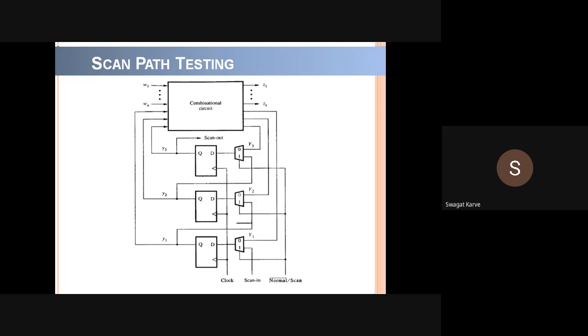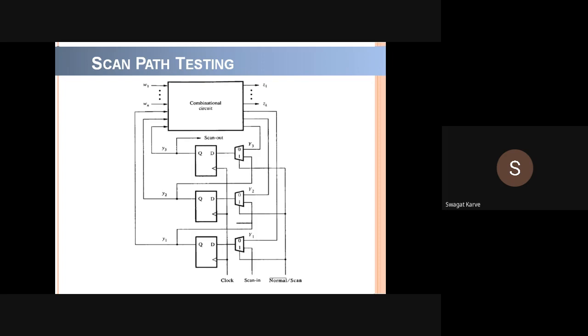Random test can be a mix, or simply an extension of path sensitization with some random test vectors. These three methods are used for testing the combinational logic circuit.